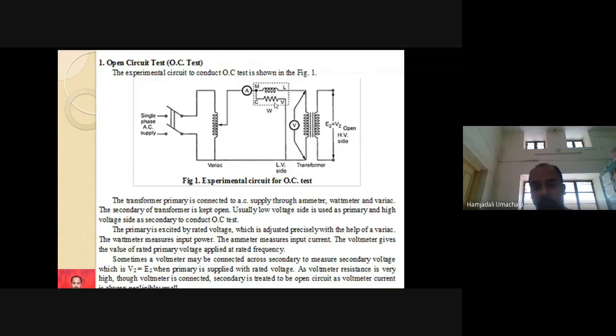This wattmeter reading is W naught, or the iron loss, this is the no load current I naught, and this is the no load voltage V naught. Using these, you estimate the equivalent circuit parameters, that is R naught, X naught, Ic, Im, and I naught. Then, shall I move to the next test now?